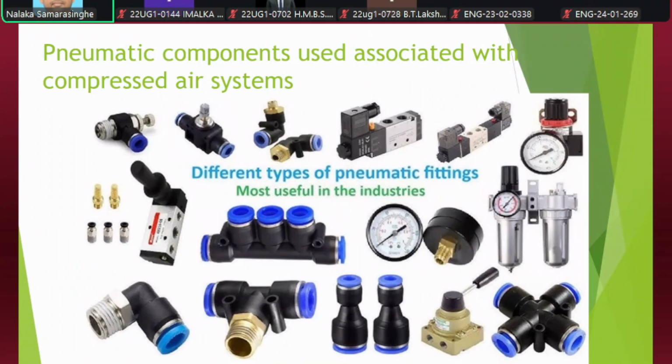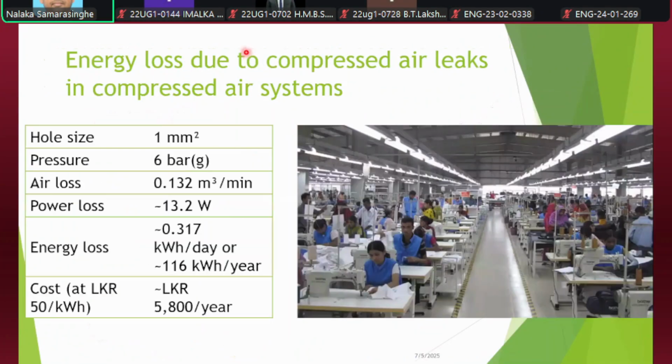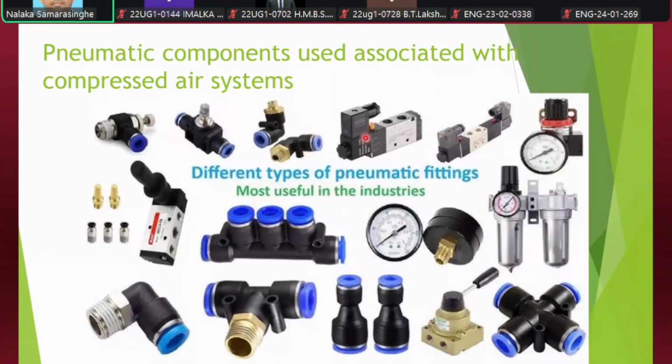Okay. And here there's an interesting point that I'm going to discuss. That's the energy loss associated with compressed air leaks. Now, we discussed various types of components.